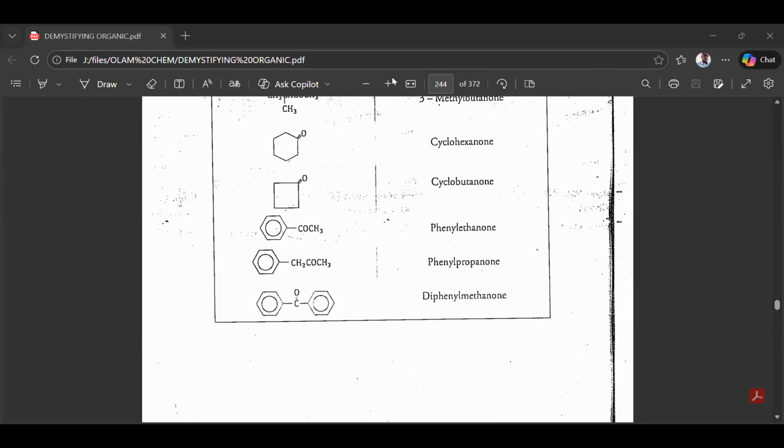Why are you accessing it from there? You mean you don't have the app for Zoom? You are lying. Cyclopropanone, that's the first one. You write the formula there. That's the name.